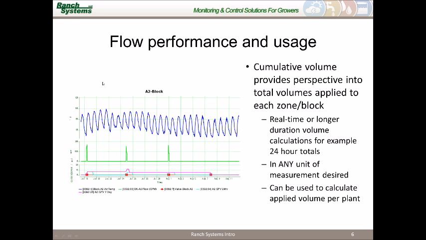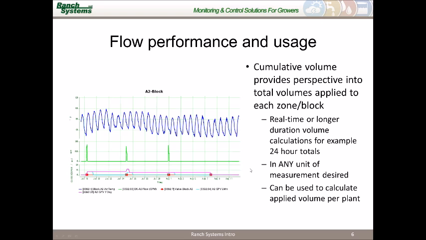So with irrigation, the way we look at data in irrigation, when you look at the flow meter in the field, if you have one already, you'll notice that you have an instantaneous reading. And the instantaneous reading will tell you the gallons per minute at that second. So what Ranch Systems is doing is capturing that gallons per minute in a regular sampling interval.